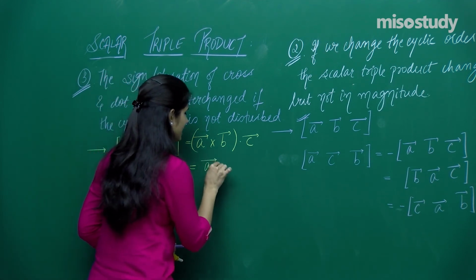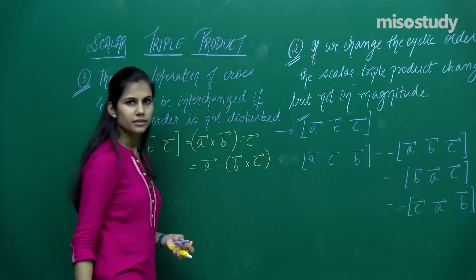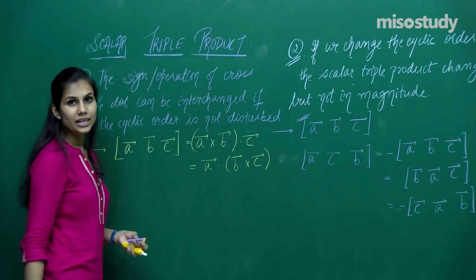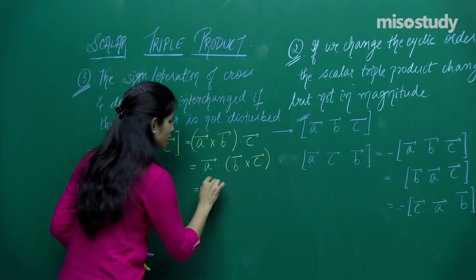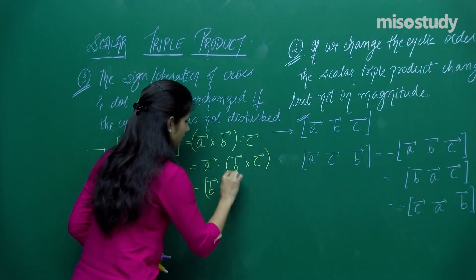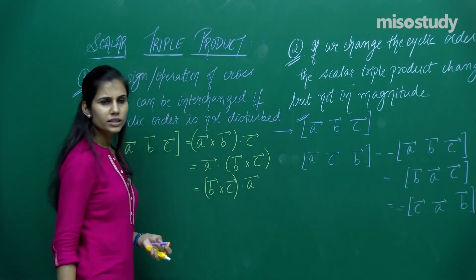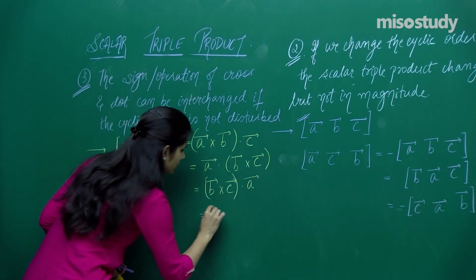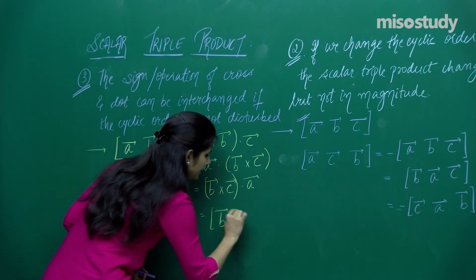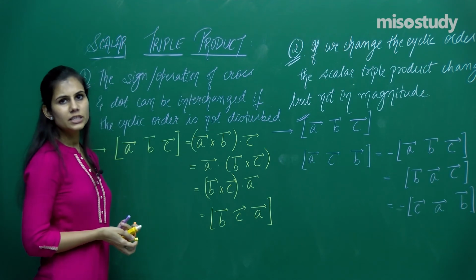You can write this as A dot B cross C, which is what? B cross C dot A. Right? Dot product is commutative, and this is what? B, C, A.